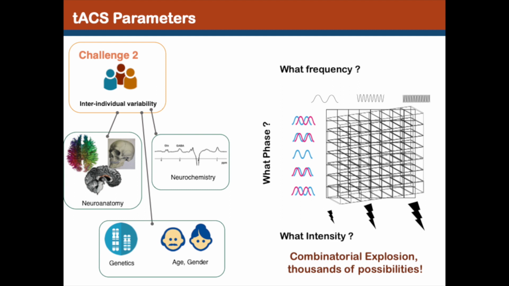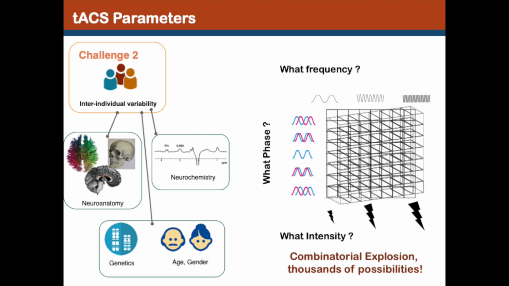And then, on top of this, if I have a technique like alternating current stimulation, I need to pick a frequency. If you think about the biological range of frequency you can pick, let's just go from 1 to 100 in steps of 1. Then I'll have more than 2 electrodes in the brain, so I can play with the phase between them, from 0 to 359, in what steps do you go?